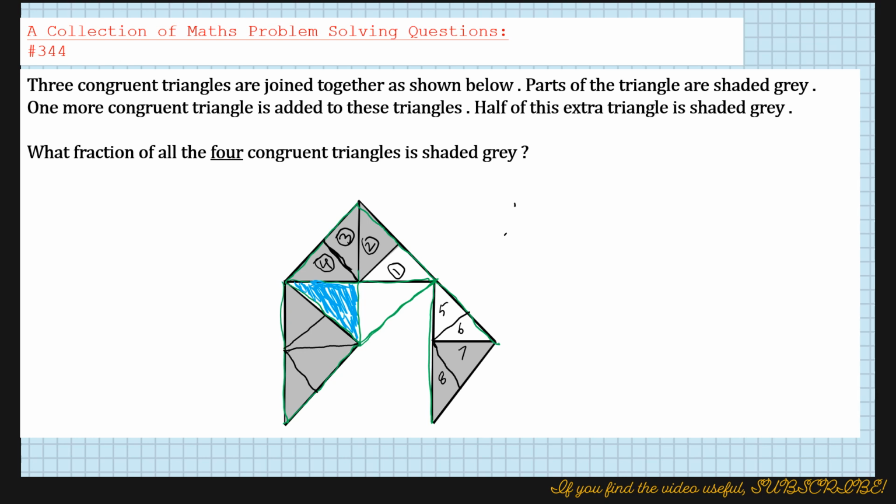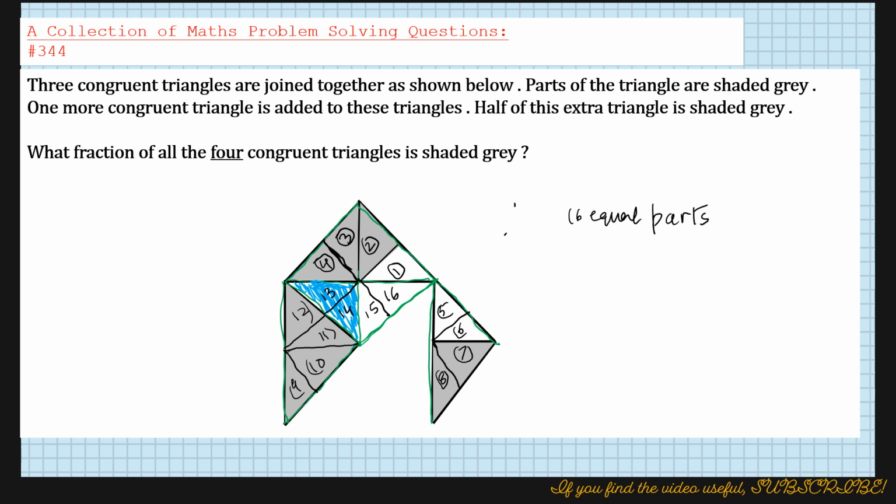So 7, 8, 9, 10, 11, 12, okay, and then extend it 13, 14, and then we extended the line, so we get 15 and we get 16. So this figure has been divided into 16 equal parts.